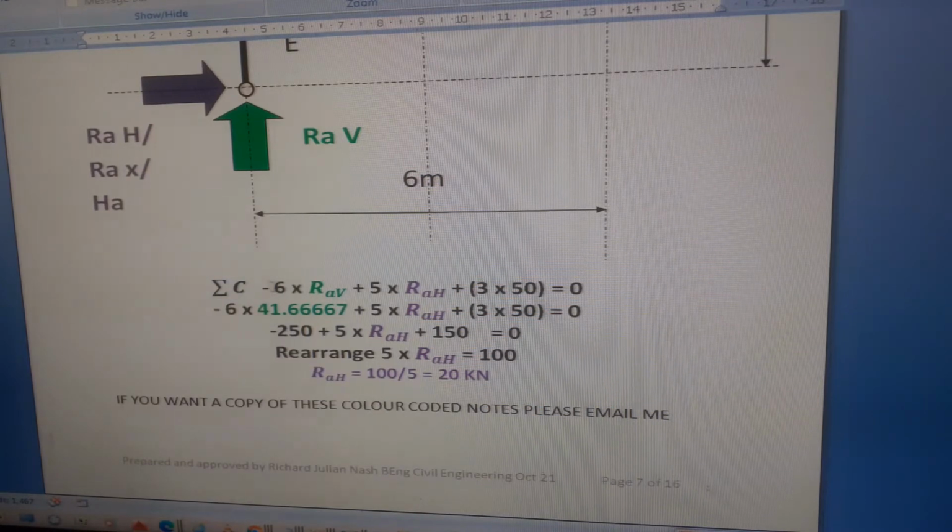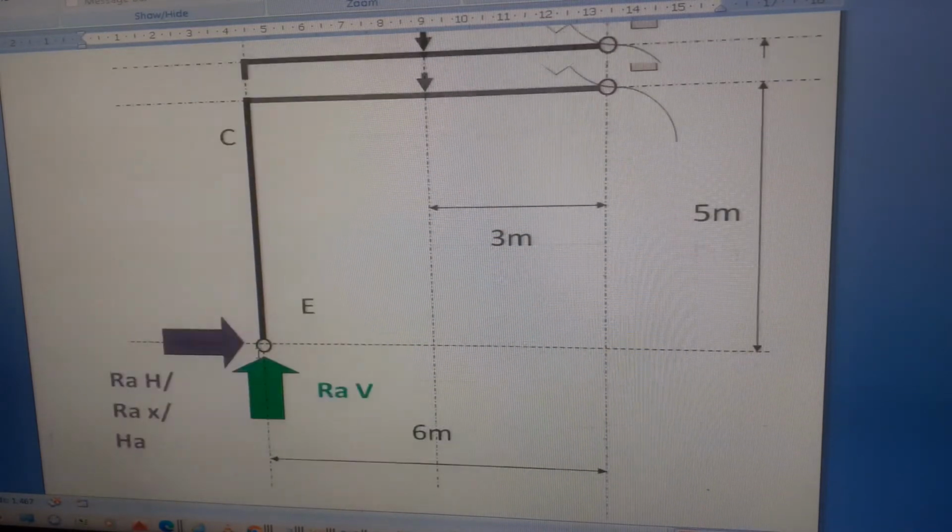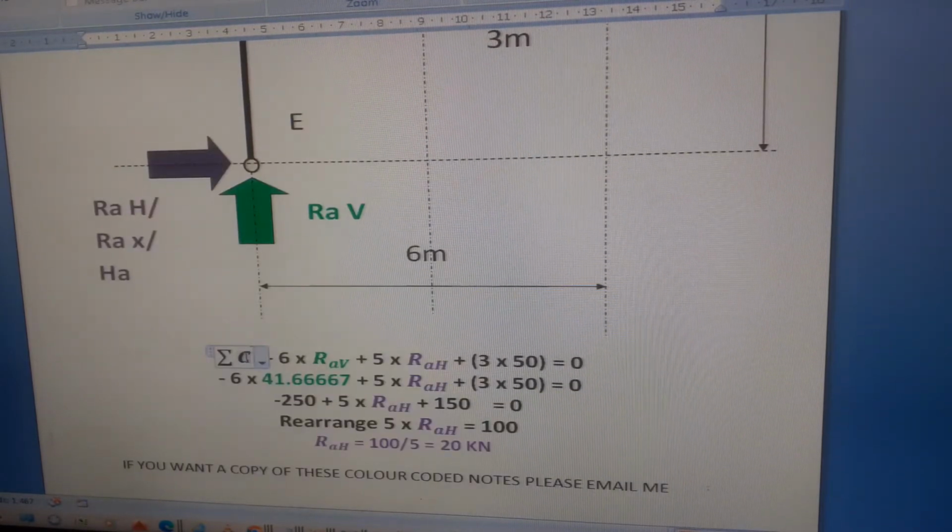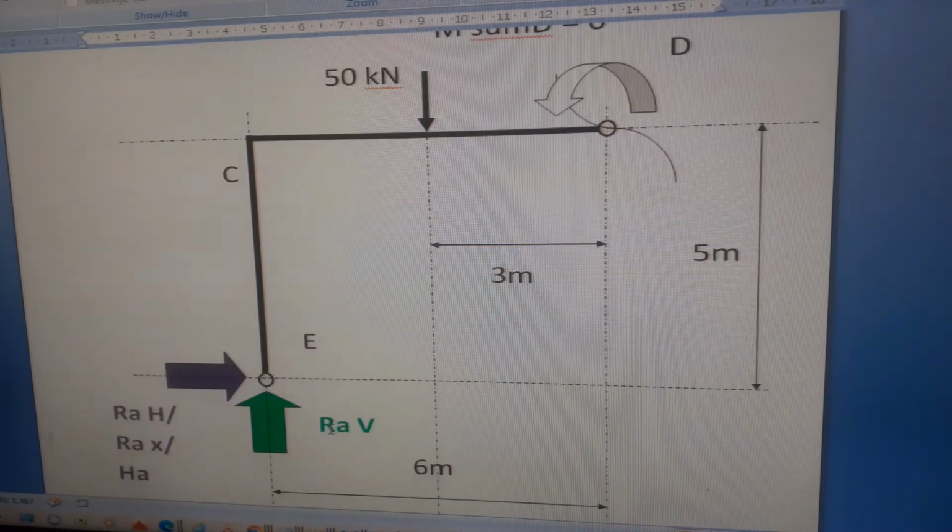That should be moments about D: minus 6 times RAV plus 5 times RAH plus 3 times 50 equals 0. We know RAV was 41.6667. The only unknown now is RAH.